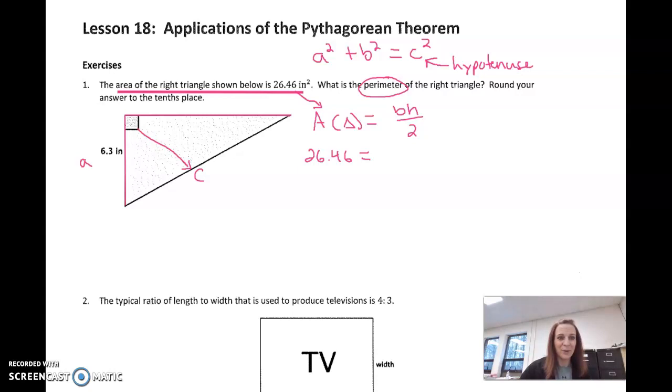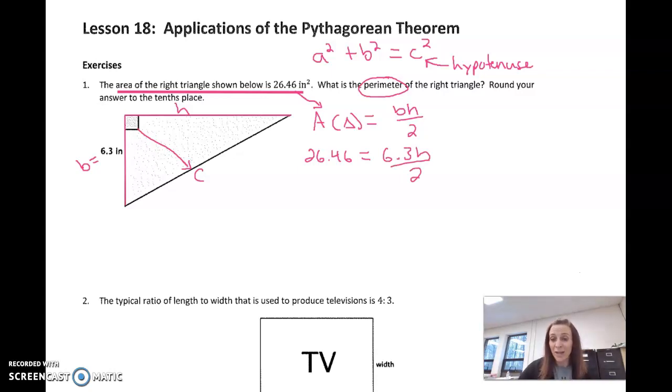I like that we come up with all these different variables to describe things. So the base and height, you also find by finding the right angle. It doesn't matter if you think this is the height or the base. I'll say this is the base, and this is the height. So I'm going to go 6.3 times h divided by 2.